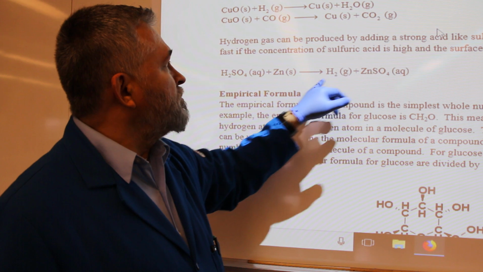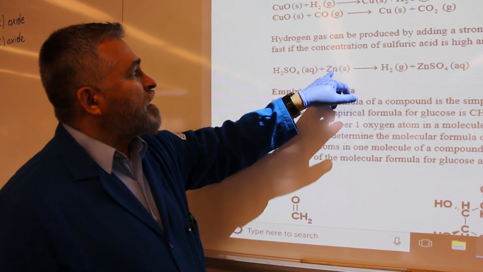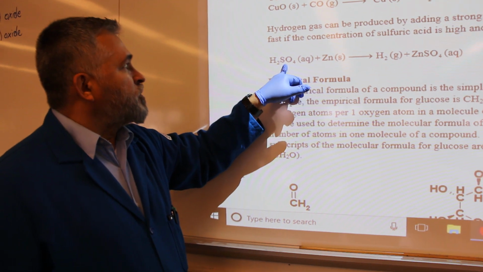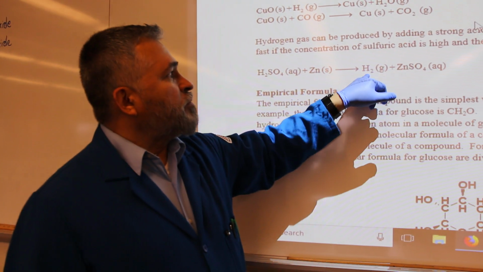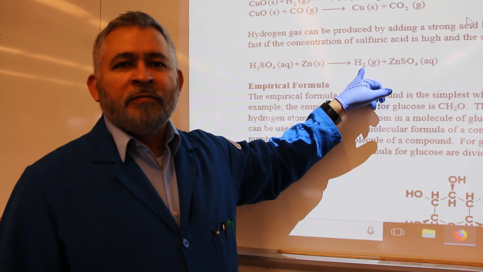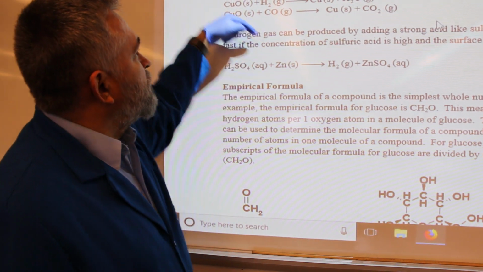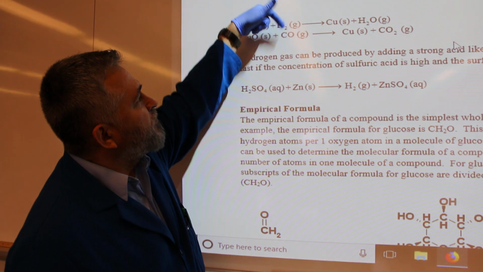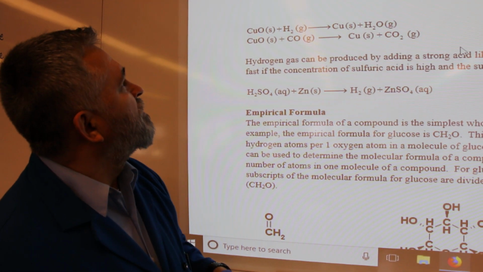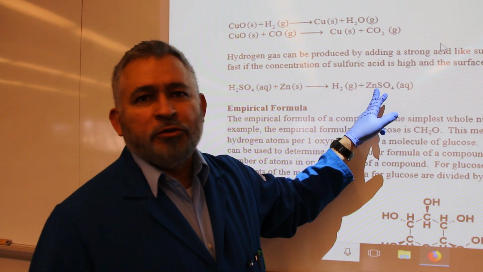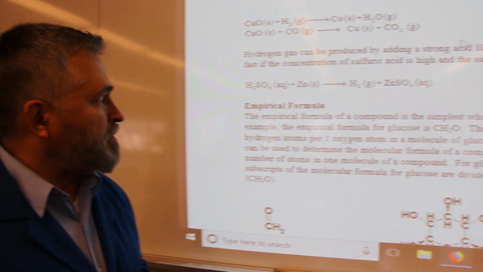We know the reaction of any active metal and a strong acid forms hydrogen gas. And this is the hydrogen gas we are going to use here. The byproduct is a salt, zinc sulfate.